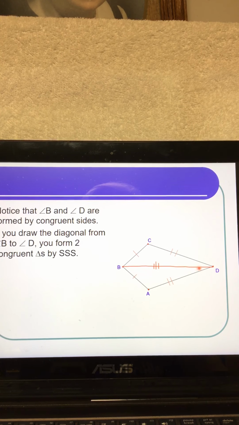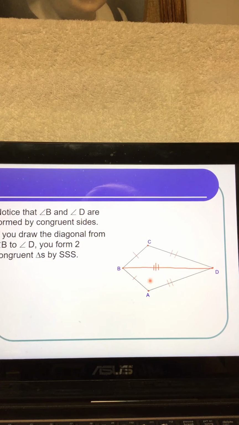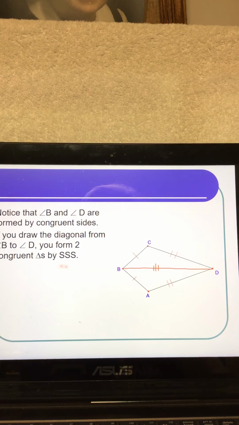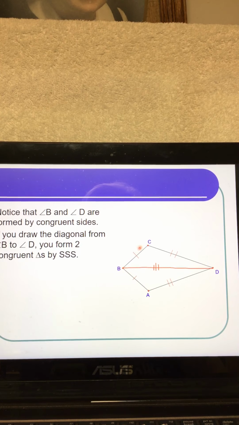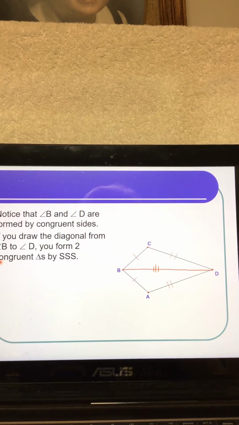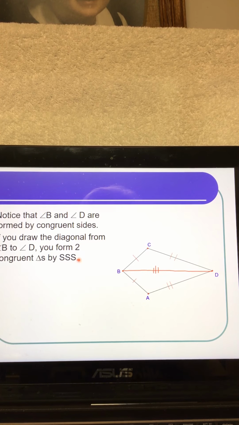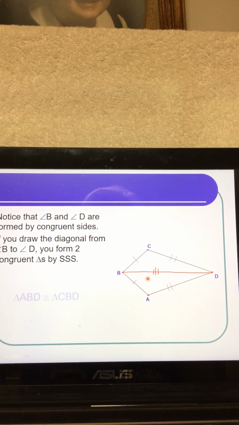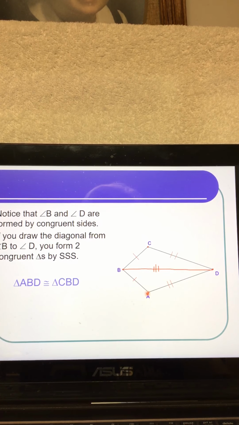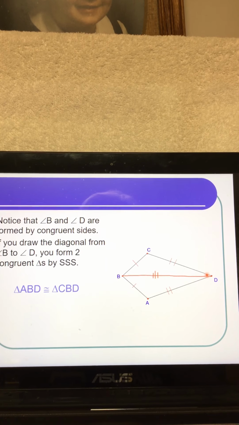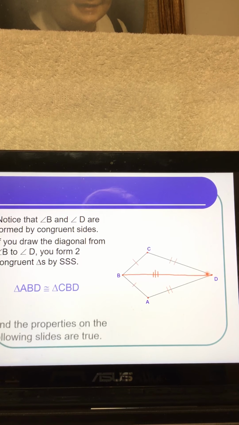This one diagonal is a shared side of two triangles now. It is congruent to itself. So you should be able to tell me something about these two triangles. They're going to be congruent to each other because of side, side, side. And so if you wanted to name those, we could call it ABD and CBD. Those two triangles are congruent.